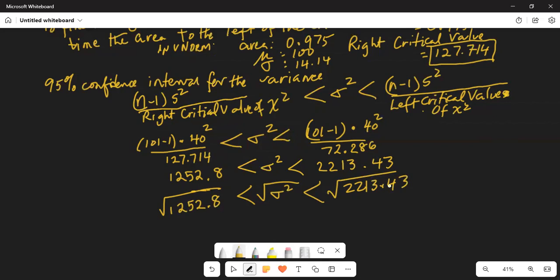You press the second button, and then x squared gives you the square root. The left boundary is the square root of 1252.8, which is 35.39, less than sigma, which is the population standard deviation, less than the square root of 2213.43. And the answer is 47.05.